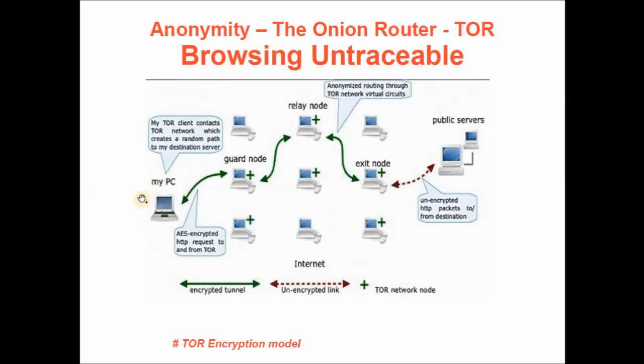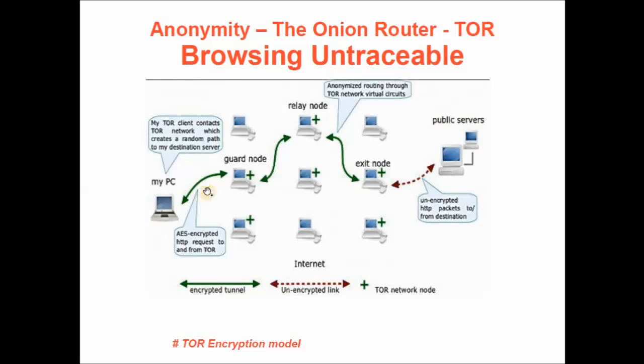This is your computer system, and the connection goes with the green line through the relay nodes, exits with the exit node, and then connects to the destination host. Suppose you are trying to use Google search: your connection will go through these Tor relay nodes and guard nodes, then exit this way and connect with the Google server in this case.